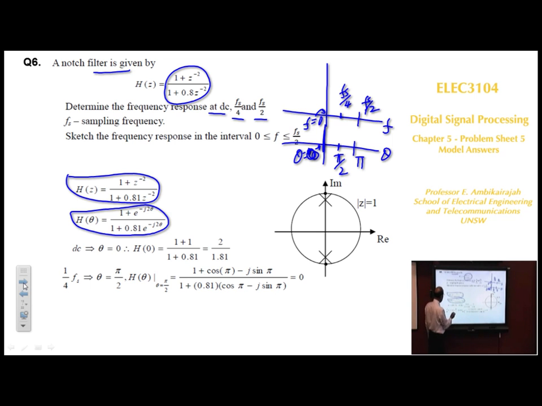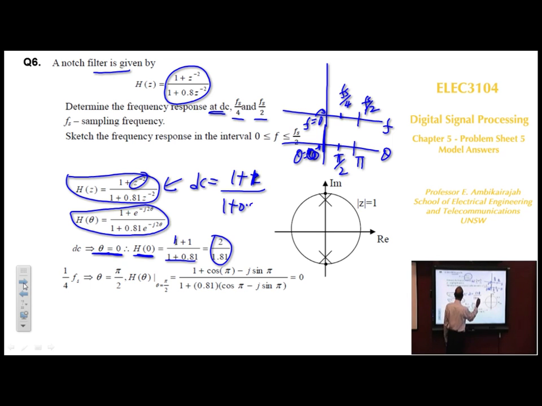First thing is DC, so theta equals 0, H(0) is equal to 2 over 1.81. Or you can substitute here directly. The DC gain is equal to 1 plus this, which becomes 1 when theta equals 0, divided by 1 plus 0.81, this also becomes 1. So it's the same answer you get. You can do it directly or this way as well.